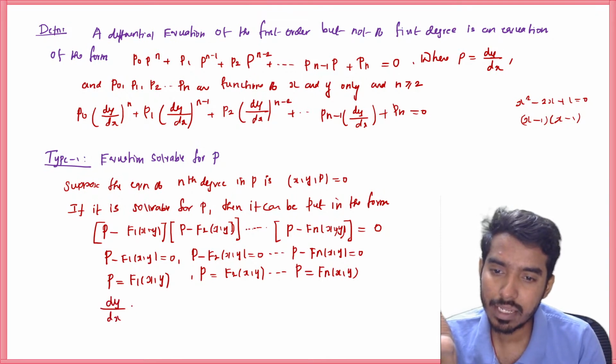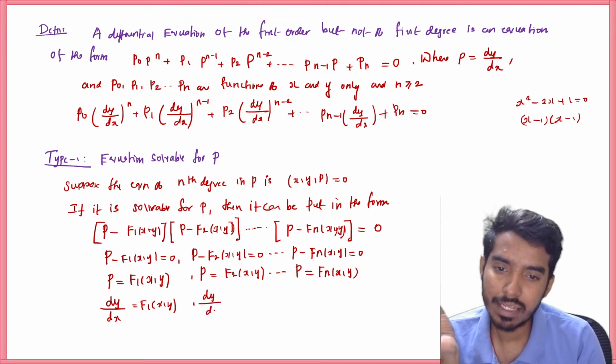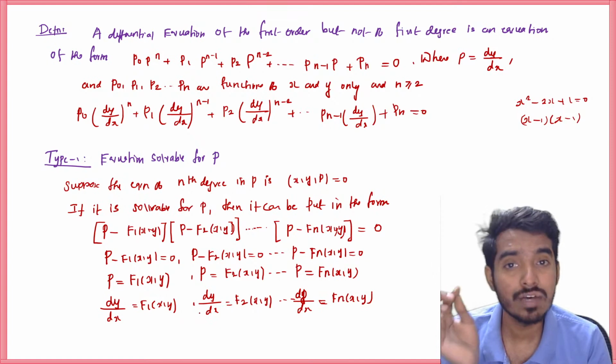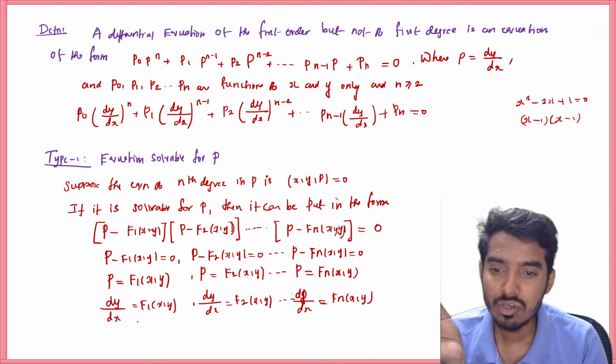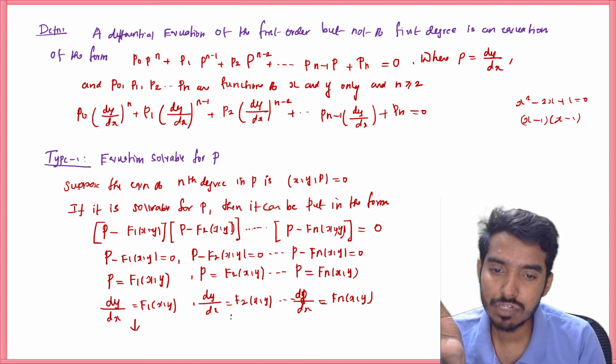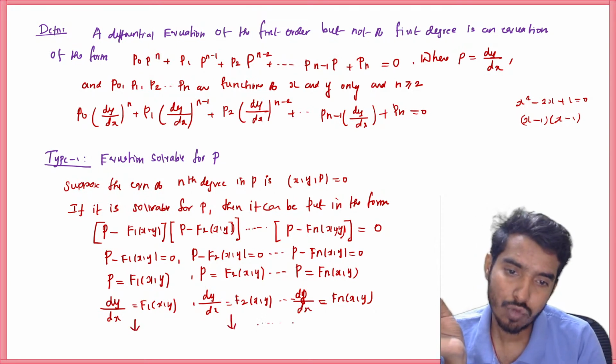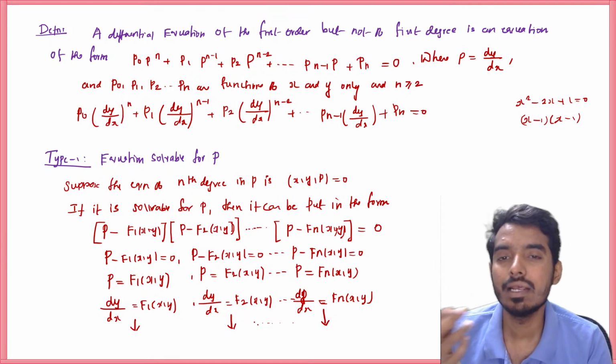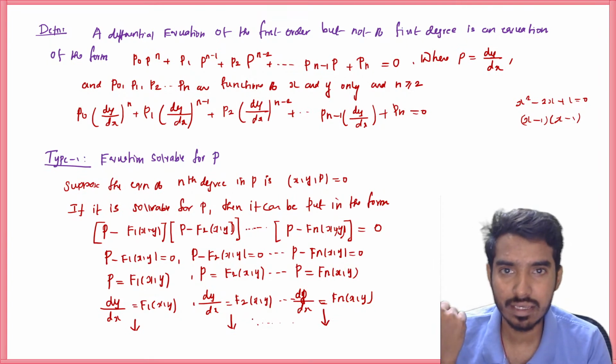We have dy by dx equal to f1 of x comma y, dy by dx is equal to f2 of x comma y, and so on up to dy by dx is equal to fn of x comma y. Now you can see all these are differential equations of first order and first degree. Yes or no? Let us find the solution for each term. You can find a solution by variable separable method or homogeneous differential equation, anything, right?